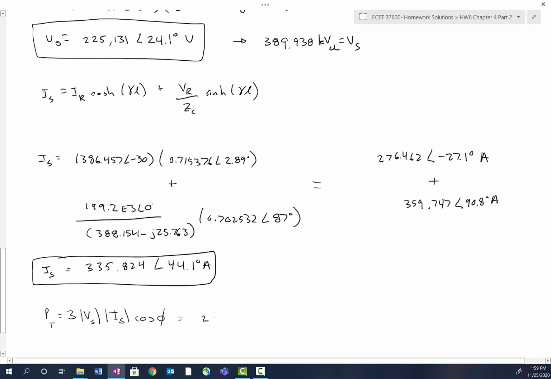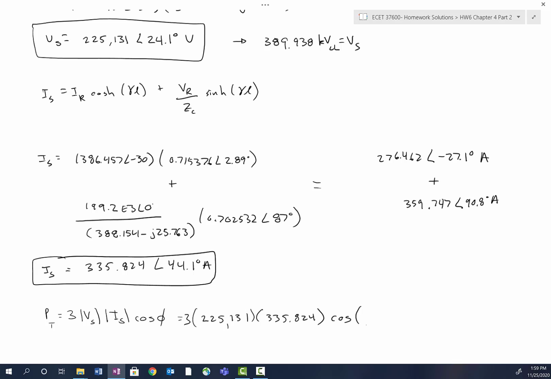225,131 times, oh, I forgot my 3. 3 times 225,131 times 335,824. So that gives us the magnitude of the apparent power. We want to convert that over to real power, so we want to take the cosine of the angular difference between the two.